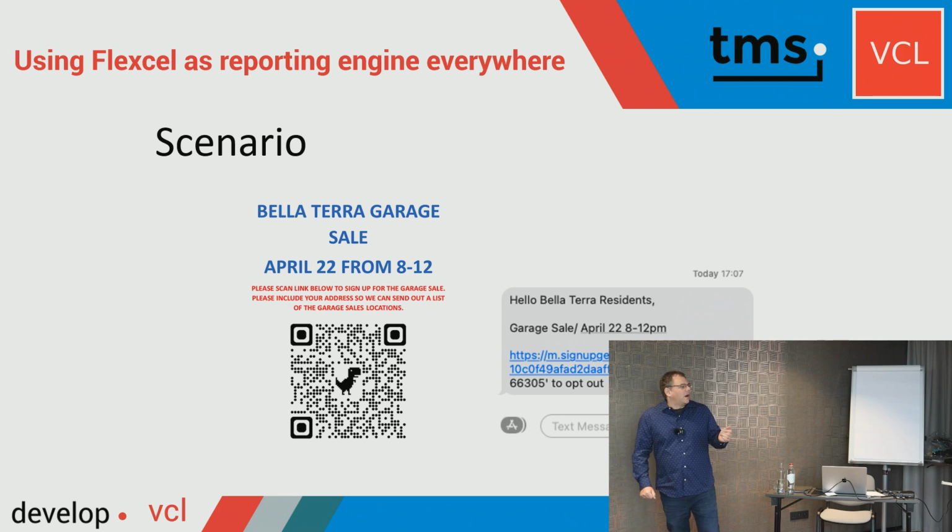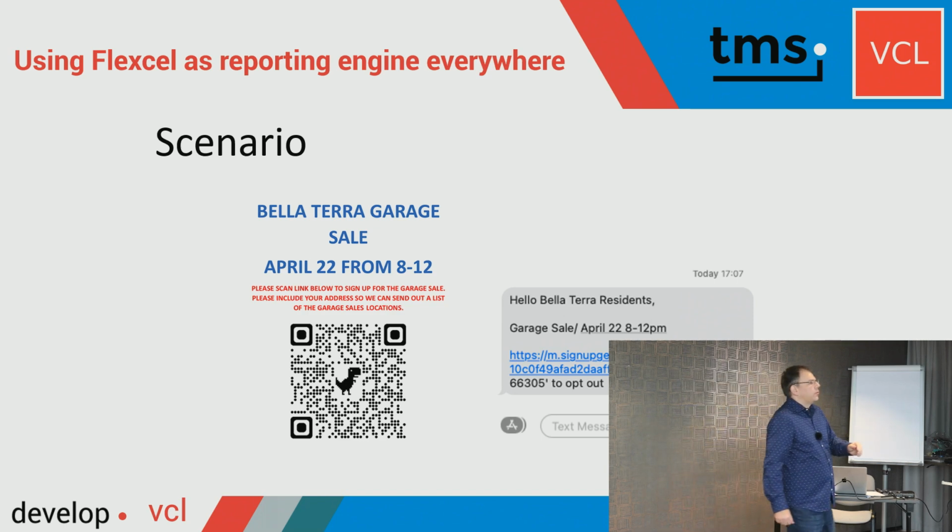You could use a JavaScript library if you don't want to use the components from TMS, but you would be able to generate a barcode like this. And what would you encode in such a barcode? Obviously, you would encode the URL, which is inside of this text message.